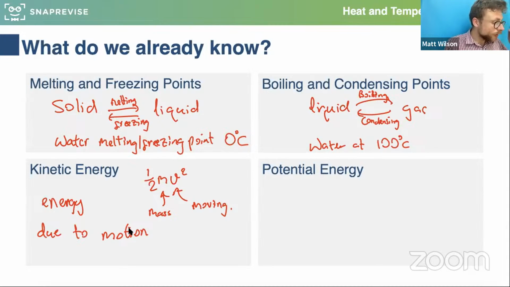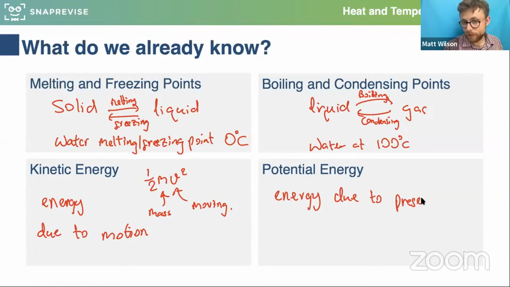Then there's potential energy, which is a label you can use to talk about a broad class of kinds of energy. Potential energy is usually referred to as the kind of energy that we have due to the presence of some non-contact force.